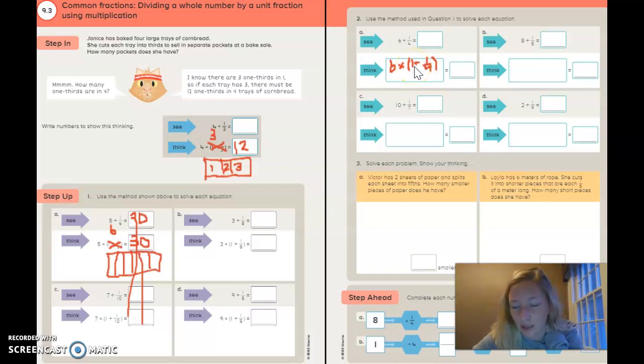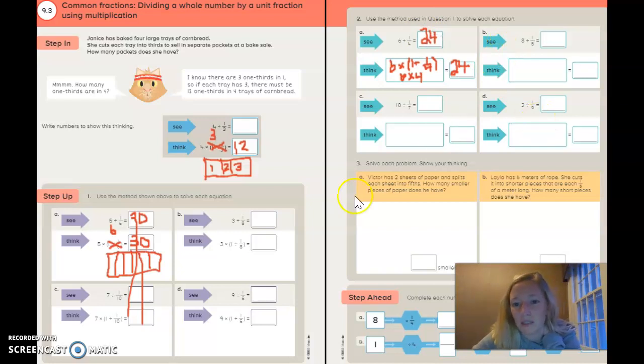You don't have to overthink it. It's pretty easy. How many 1/4 are in 1? Well, that's 4. Now all I have left is 6 times 4. I know the answer to that is 24. So the answer up here would also be 24.